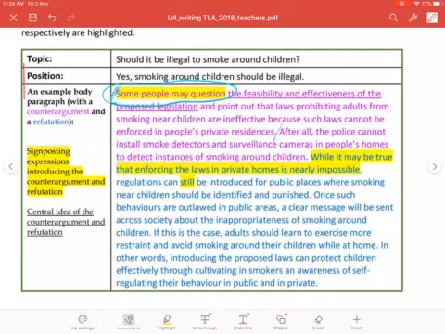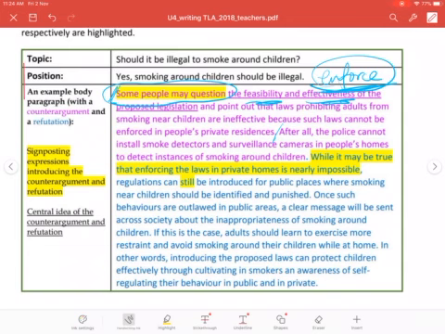This first sentence in the body paragraph is presenting the counterargument, a possible challenge from the readers, because in the previous paragraphs, the author was talking about how we have to enact laws in order to protect children against secondhand smoking. So this is a challenge in terms of enforcement. How to enforce the law, right? When we talk about feasibility and effectiveness, this is actually talking about enforcement.